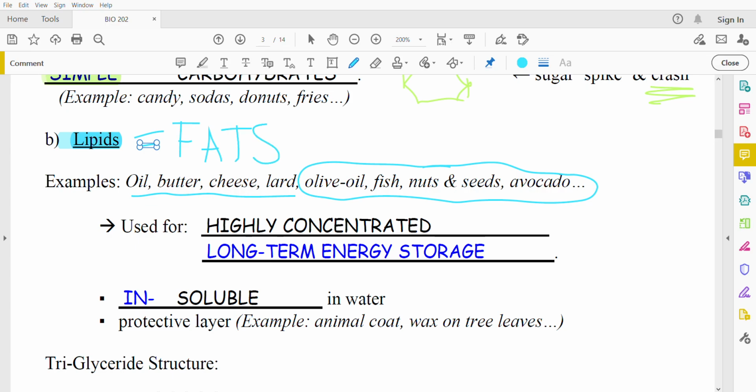And your body does need some amount of fats, just the amount, how much, is what matters here. We don't want to go overboard, but some fats are needed. For example, certain vitamins are fat soluble, so to absorb them, you need fats. If you don't have any fats in your body, they will not stick around.